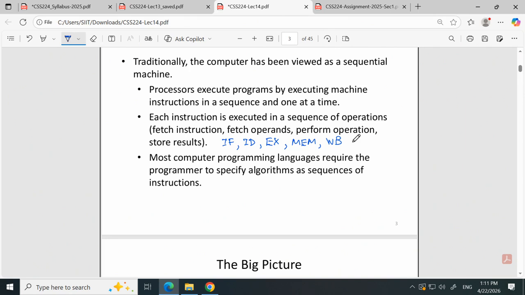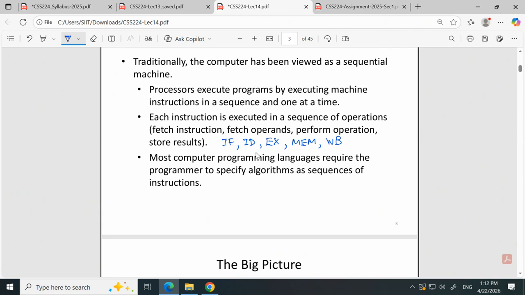IF, ID, EX, MEM, write back. Let me give you a quick review. Instruction fetch fetches an instruction, or multiple instructions if it's a multi-issue processor.